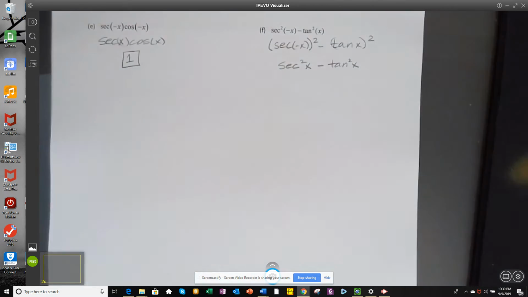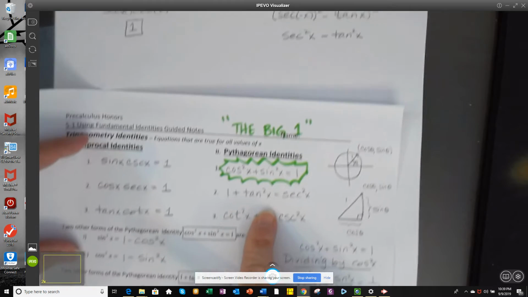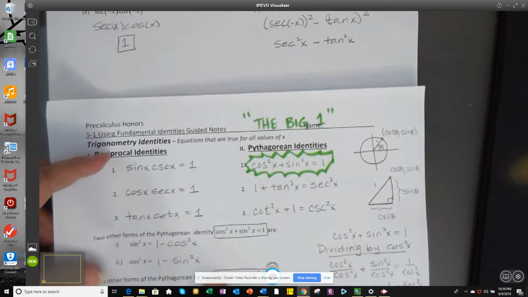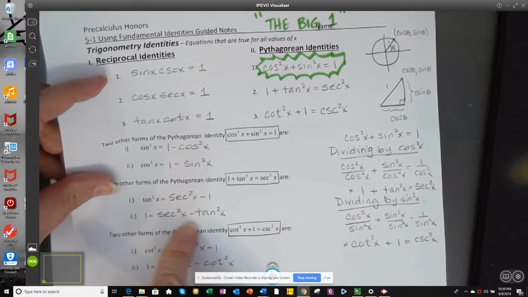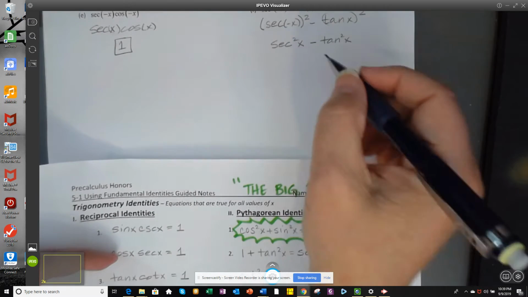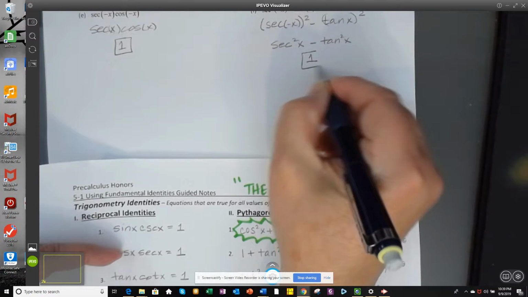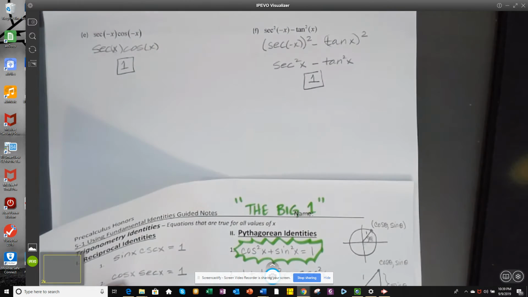And that we've seen before on our identity sheet. If you solve for 1 using the other form of the Pythagorean identity, secant squared x minus tan squared x is 1. So that is, of course, simpler than what we started with for f.